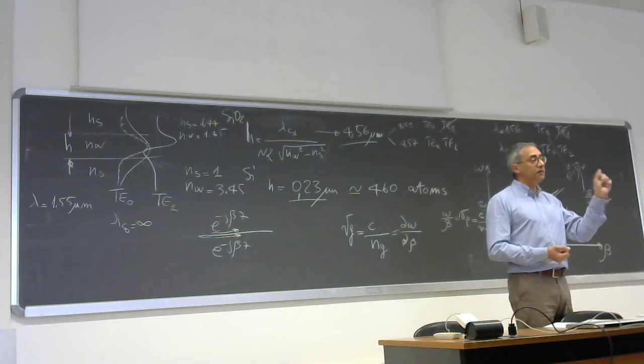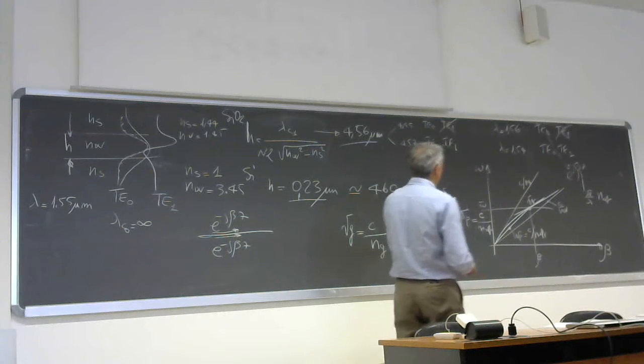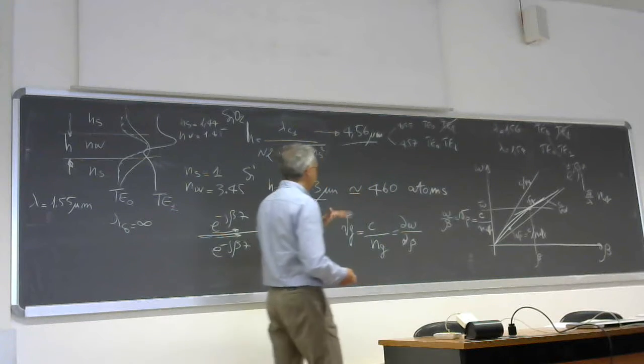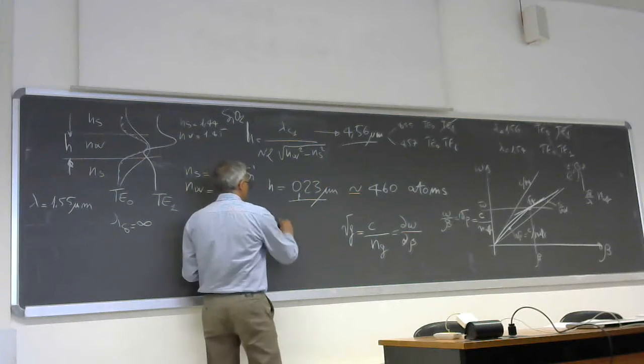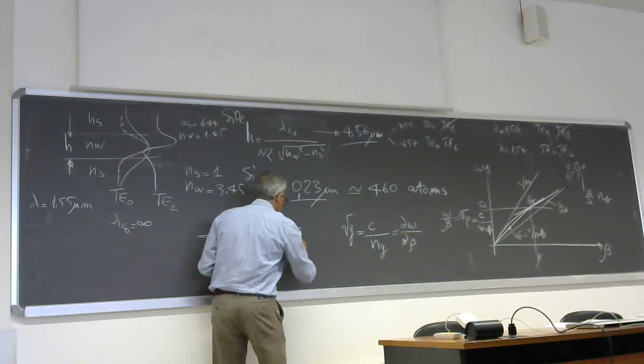So you always have TE and TM. Everything we say is valid for TE and TM, that we have an effective index for the TE and an effective index for the TM.